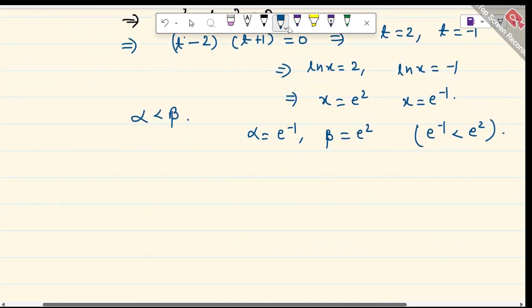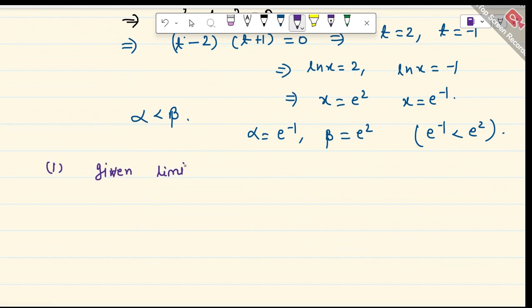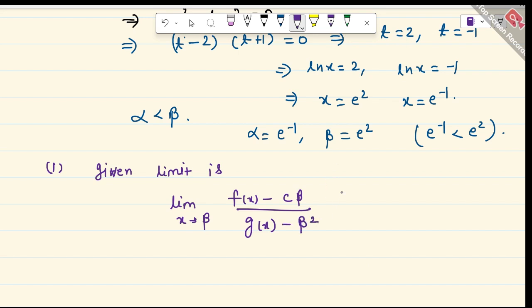So the given limit in the first problem is limit x tends to beta of f(x) minus c beta over g(x) minus beta square.